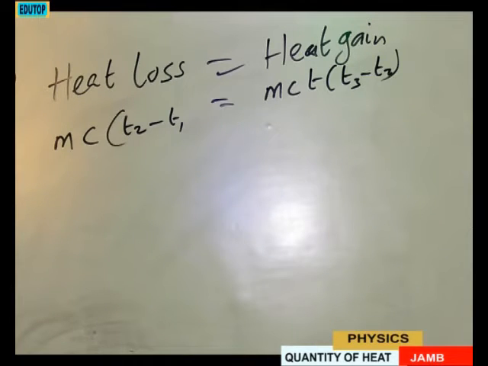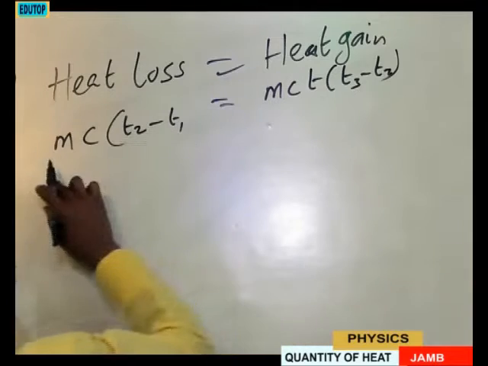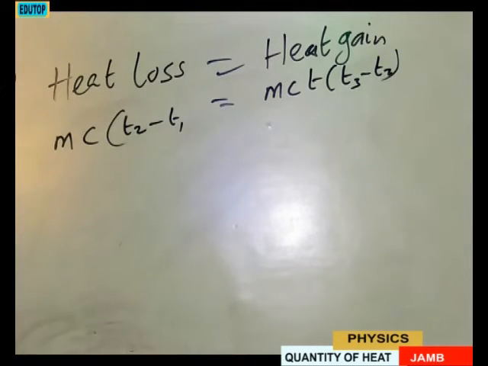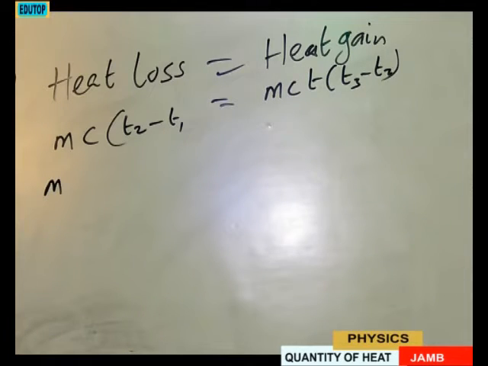We are told to calculate the ratio of the mass of cold water to that of hot water. This is cold water that gains the heat. This is hot water that loses the heat. So the mass is what we are looking for. Are we given the specific heat capacity? No. So this cancels this.